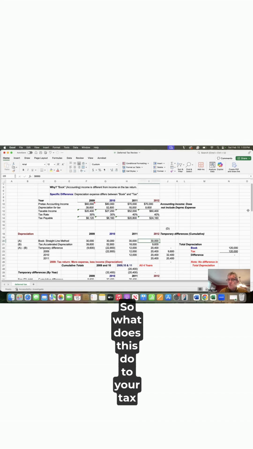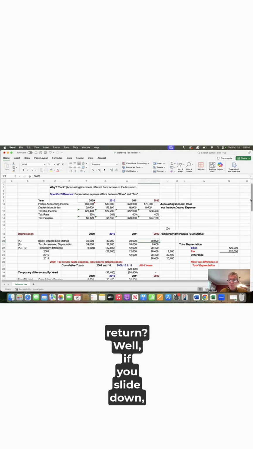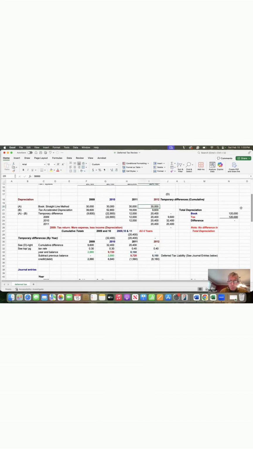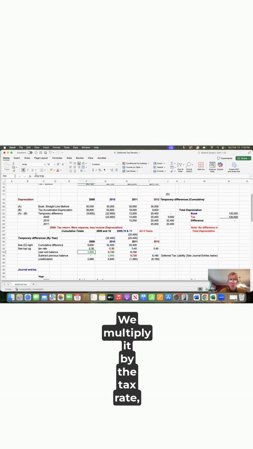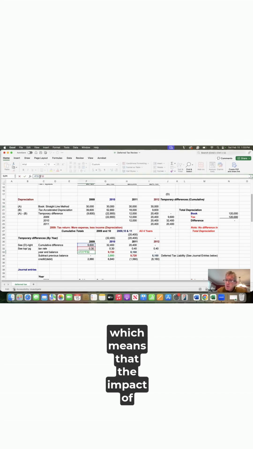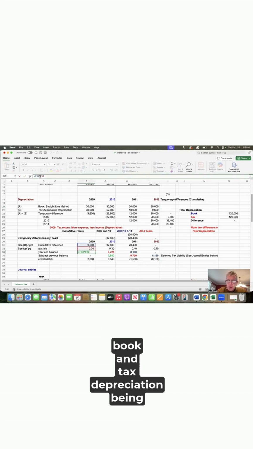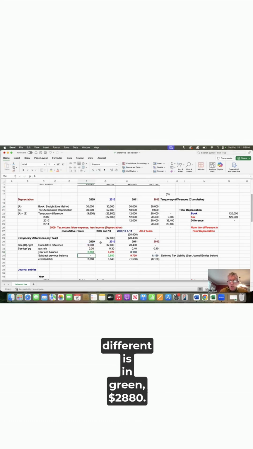So what does this do to your tax return? If you slide down, we have a difference. We multiply it by the tax rate, which means that the impact of book and tax depreciation being different is in green, $2,880. Same thing here.